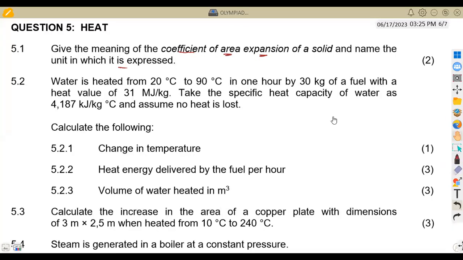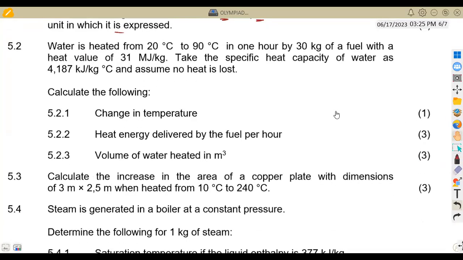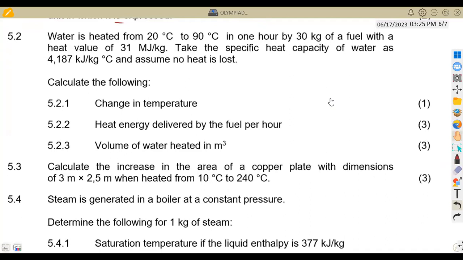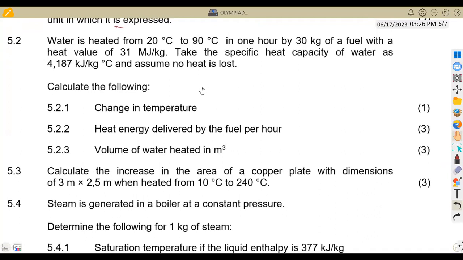Then we have question 5.2, where we are given a condition whereby water is being heated. Let us check the information that we have. Water is heated from 20 degrees Celsius to 90 degrees Celsius.